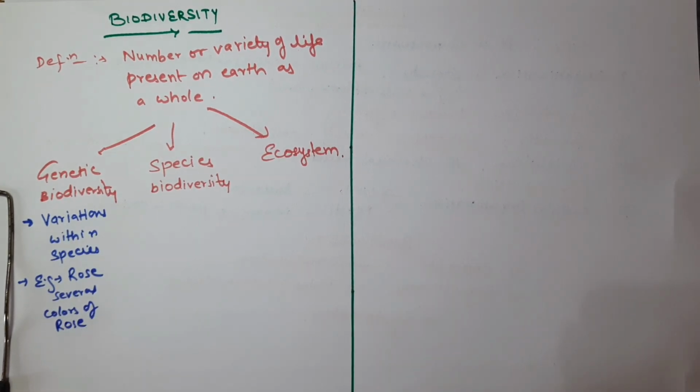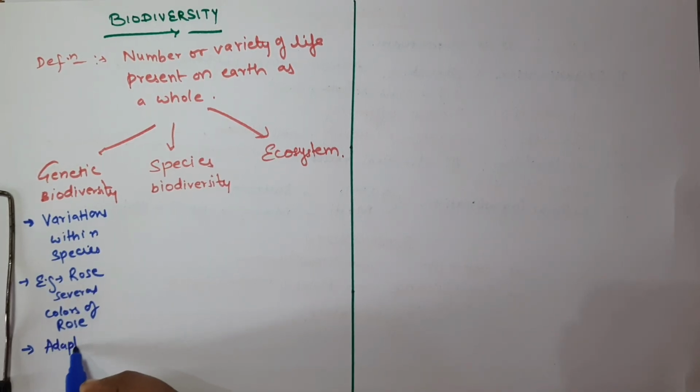There are red roses, pink roses, black roses, purple roses. So the variation within the species is known as genetic diversity. Okay, so what is the role of genetic diversity? It allows species to adapt to changing environments. So it plays a role in adaptation.